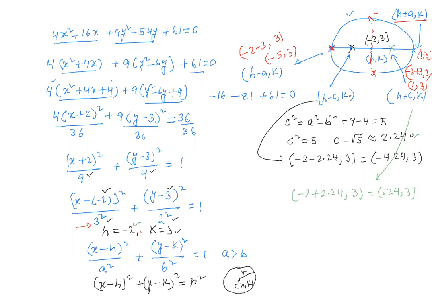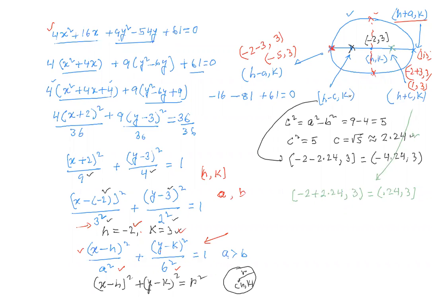So once you find a and b, you take the equation and convert it into this structure, x minus h whole square over a square, y minus k whole square over b square. If you do that, you can read off h, k, which is the center. In our case, h is -2, k is 3. And then c, a and b, you can read off.